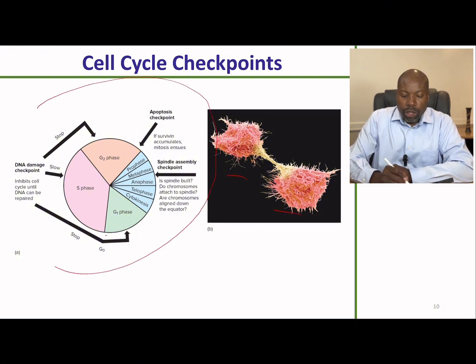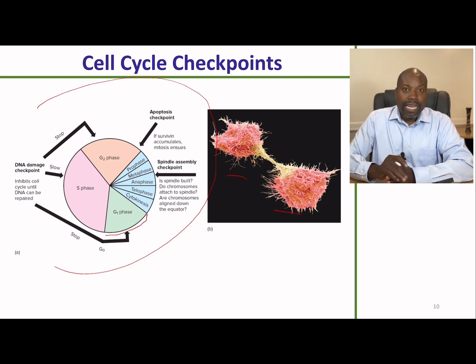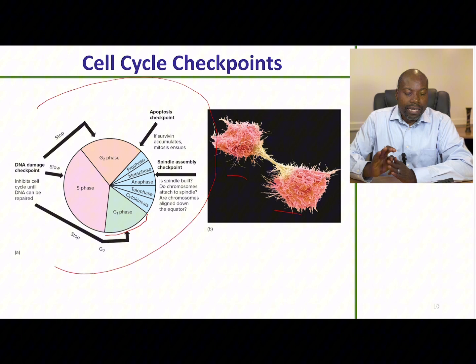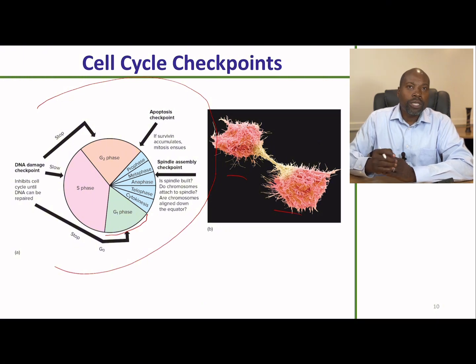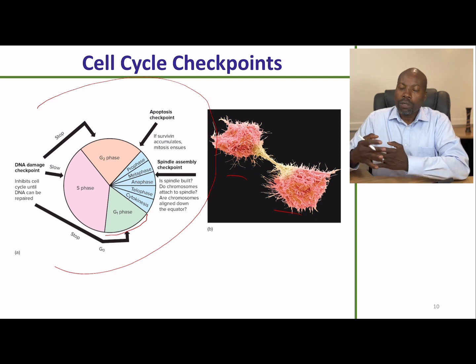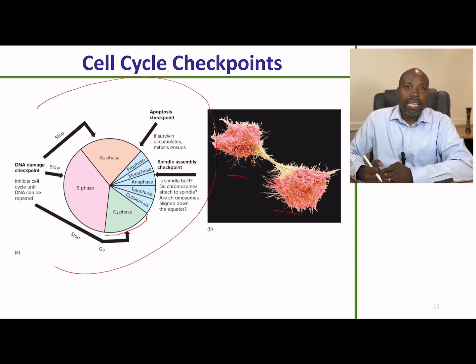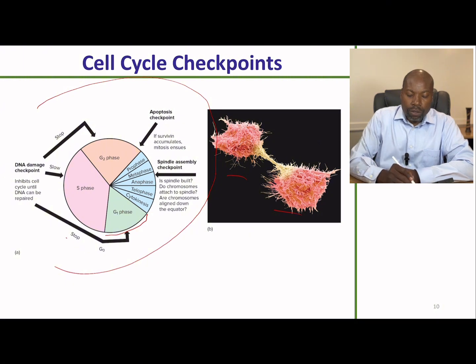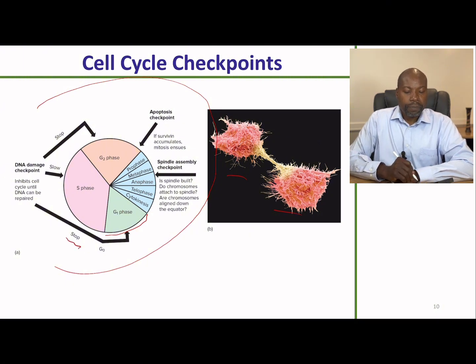Now, at the G1 stage, the brand new cell is going to check if DNA is okay, right? If there is no damage in DNA, the cell is allowed to go on and do what it's supposed to do. If there is an issue with DNA that needs to be repaired, then the cell cycle is going to stop, right?